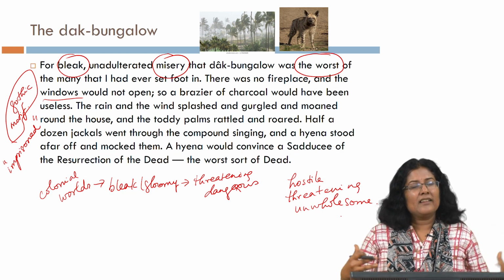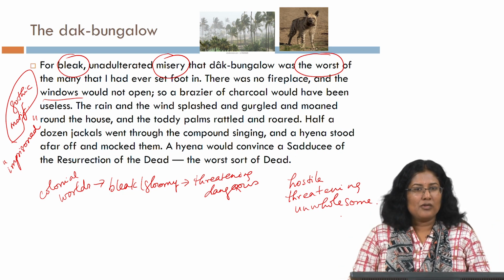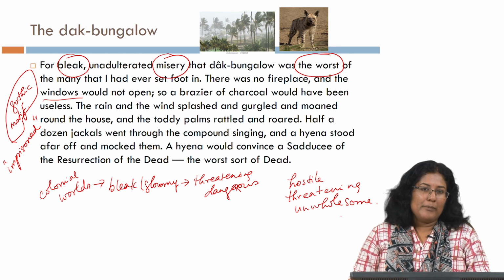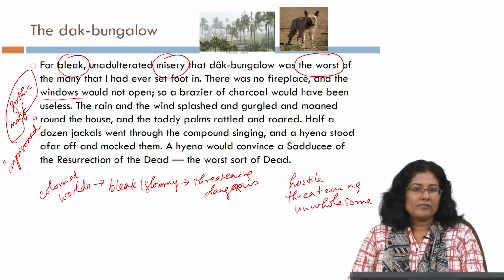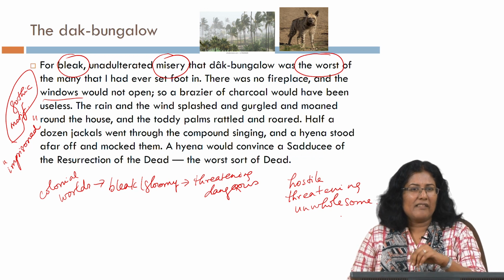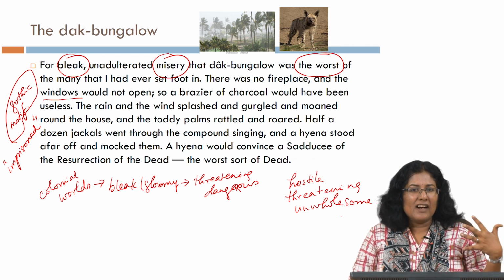So again, the weather is also not very conducive for the happiness and comfort of the narrator, and the weather is also against the comfort of this particular narrator. And the rain and the wind splashes and gurgles and moans.